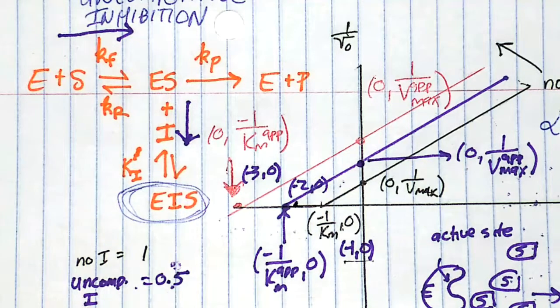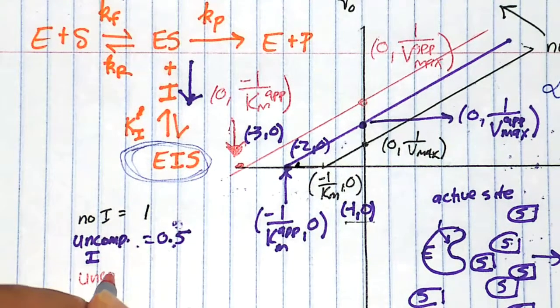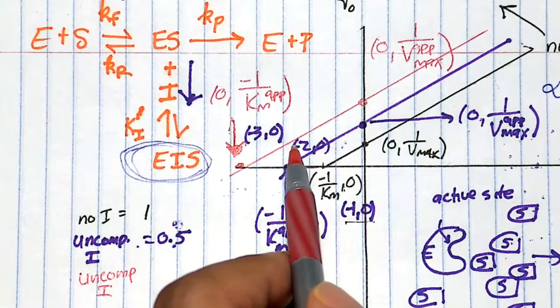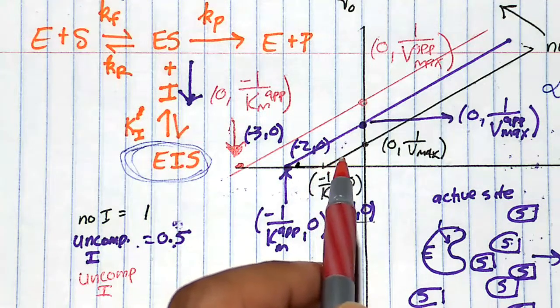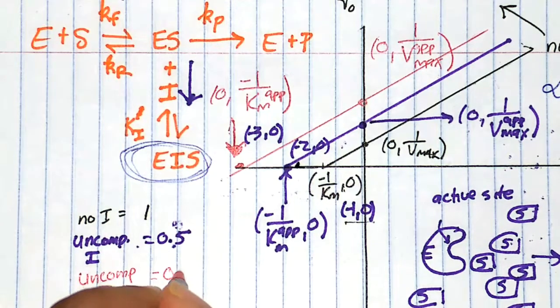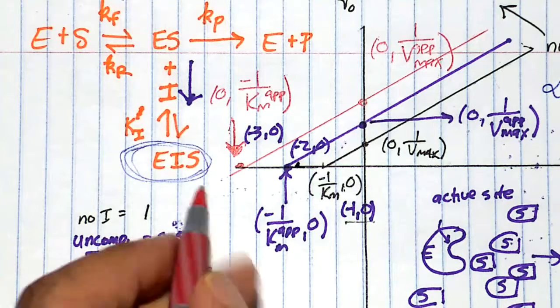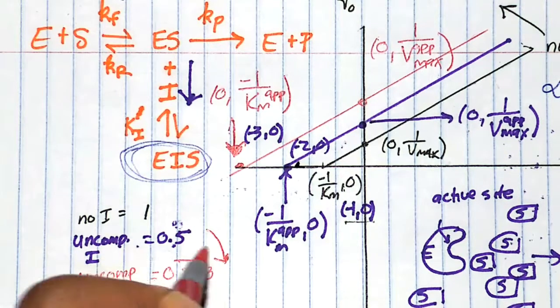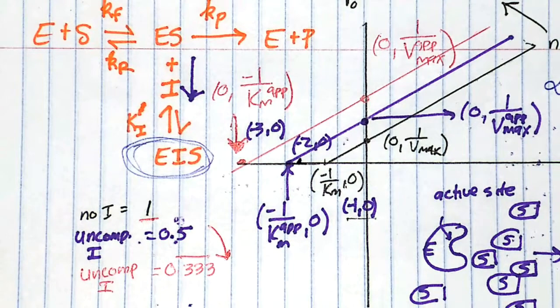And then the red uncompetitive inhibitor has coordinates -3, 0, so we'll take the negative reciprocal of -3 and we will get 0.33. And you can see the apparent Km has gone down relative to the situation where there is no uncompetitive inhibitor.